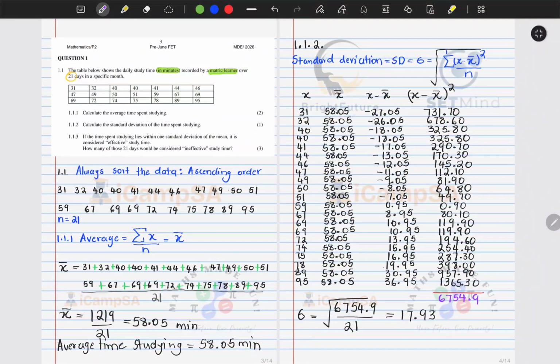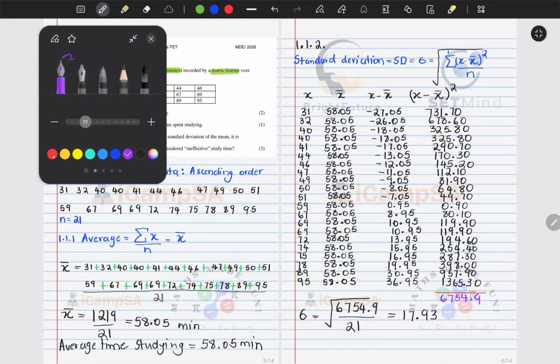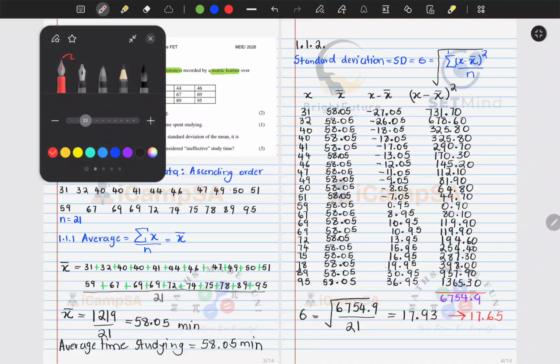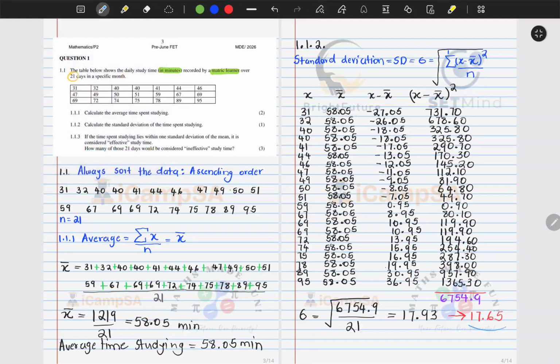Okay, so this is what we get, but by looking at what has been done, we are supposed to get approximately 17, according to the calculator, 17.65. Okay, so this here is what I'm going to use. I'll need you to punch it in on your calculator and see what you actually get.